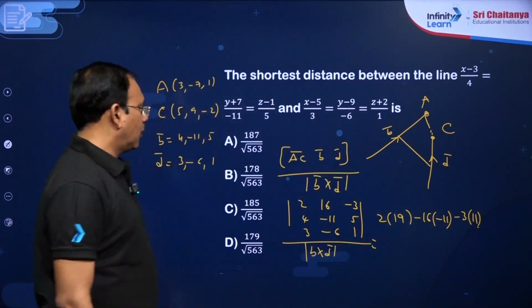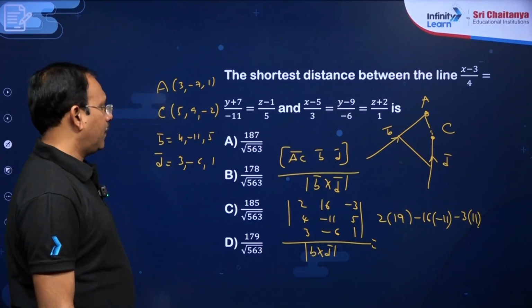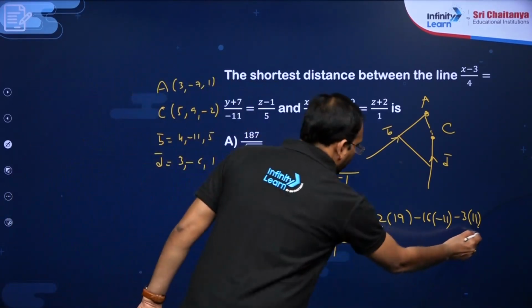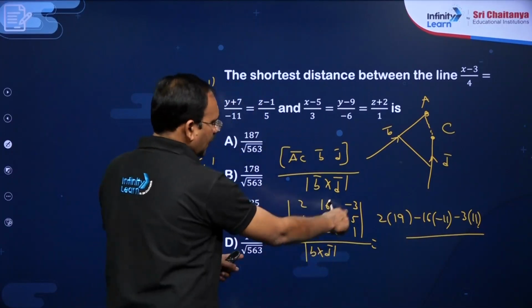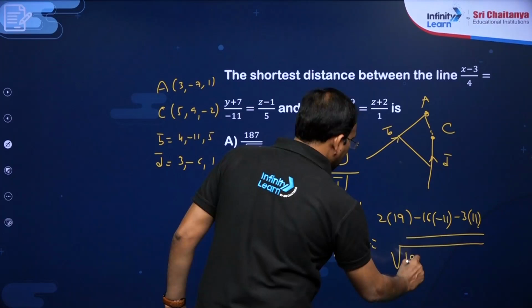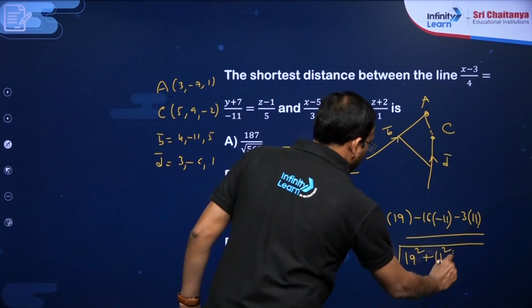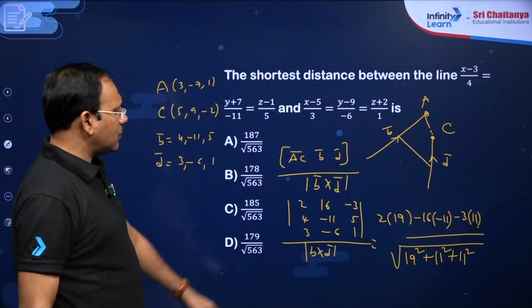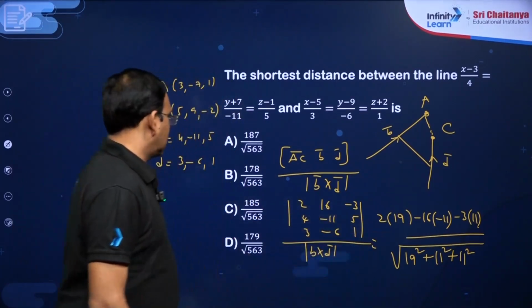So minus 24 plus 33 will be 11, by, my dear friends, magnitude of B cross D. Also here ijk will come, you will get square root of exactly this 19 square plus 11 square plus 11 square only. Okay, so now you just simplify, you will get the answer, dear students.